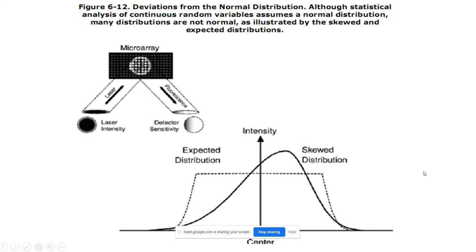Are you able to see? So there can be a skewed distribution. Intensity is depicted here. There is the expected distribution, and this is the skewed distribution. It should come here, but it is deviating from this. It shows a skewed distribution, not the normal distribution. And why is it happening? It is due to the errors.